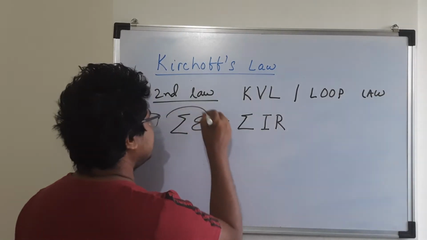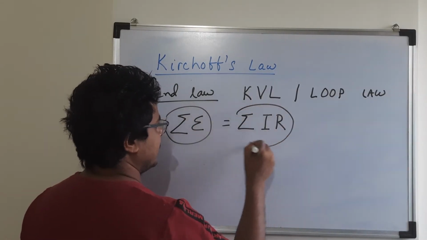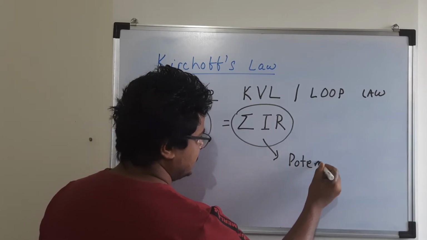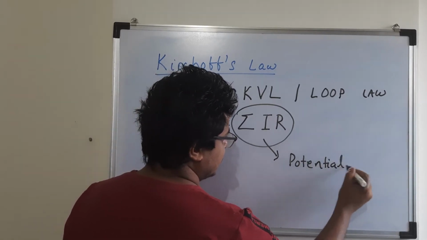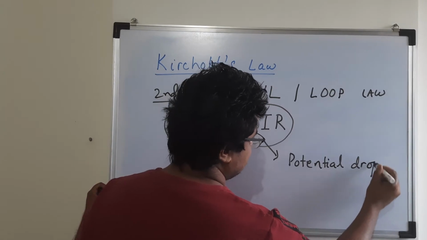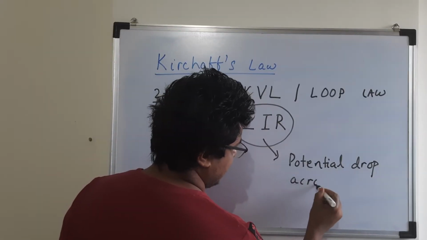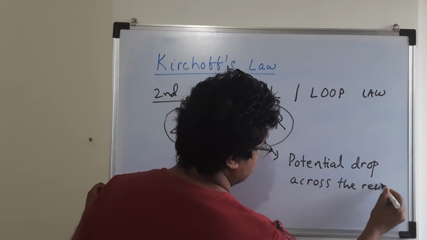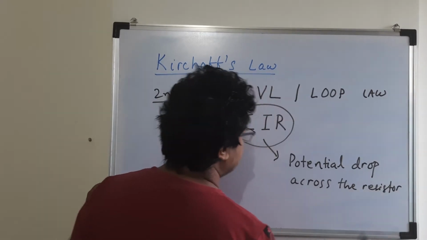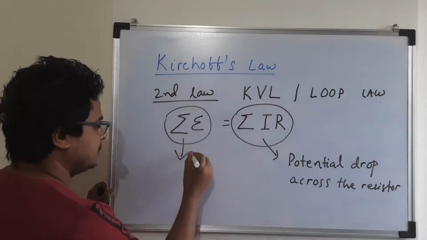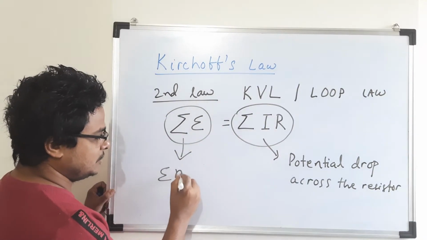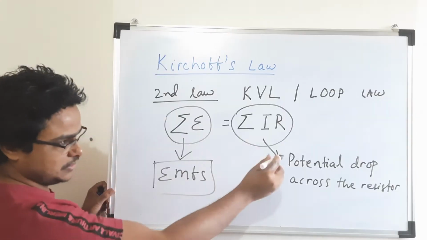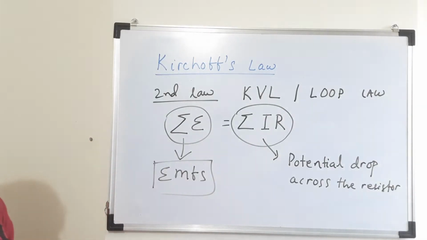So sum over E is equal to sum over IR. This gives you the potential drop across the resistor. So the sum of all the potential drops taken together must be equal to the sum of the EMFs used in that particular loop.